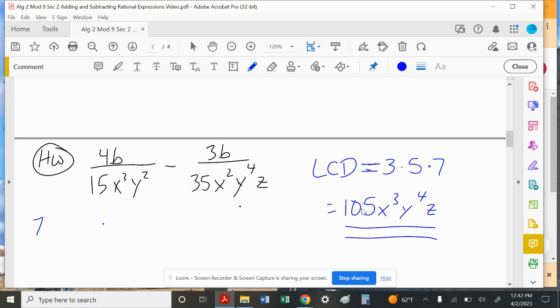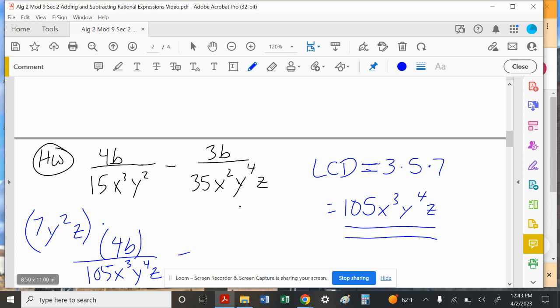This is missing 2 y's, so we're going to have to multiply the 4b by 2 y's, and it's missing a z. So I'm going to multiply the 4b by 7y squared z, all over now 105x cubed y to the 4th z. Okay, because if I multiply this times this, I'm going to get this right here.